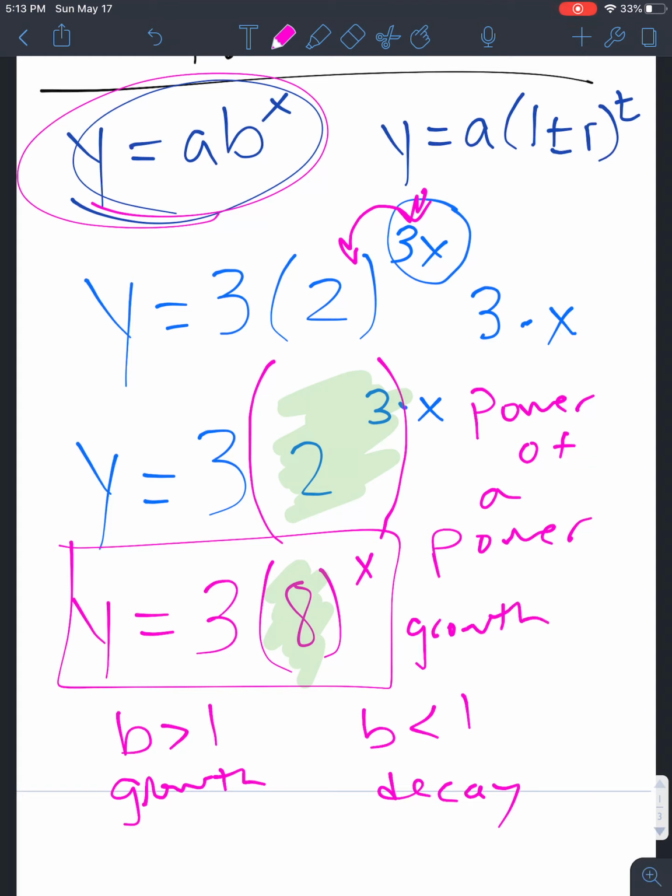Now I know some of you might be like, oh, but isn't that obvious that it's an exponential growth function? And the answer is, well, not really.